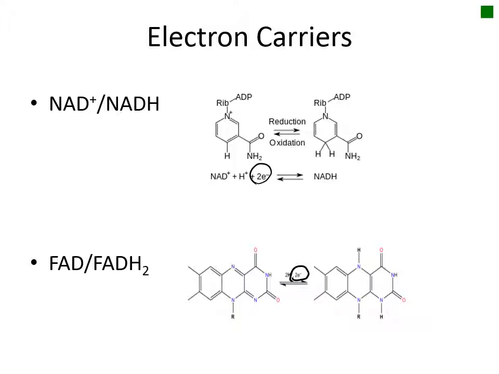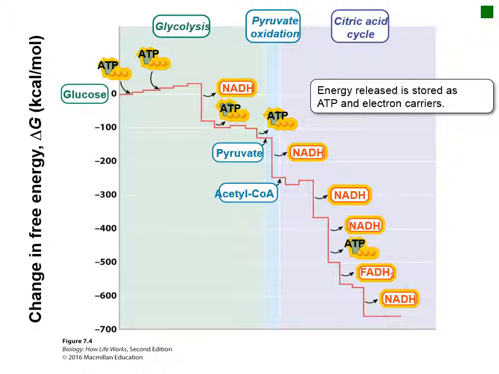You should note that they each carry 2 electrons. In NAD, the first electron cancels out the positive charge, while the second electron is viewed as the addition of the hydrogen atom. In FAD, since there is no positive charge, both electrons bring in protons, resulting in the addition of 2 hydrogen atoms.